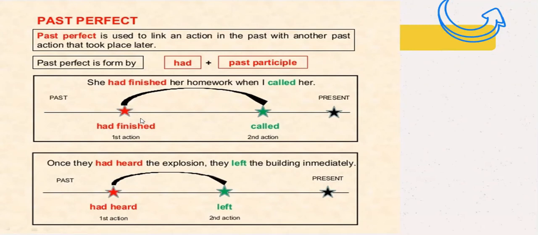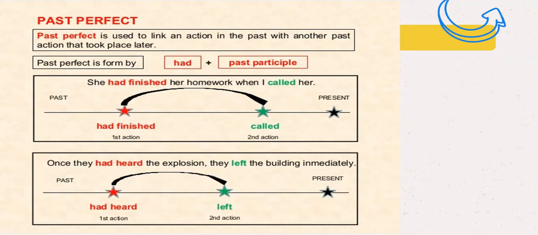For example, you have here this sentence. She had finished her homework when I called her. So the first action is that the girl finished her homework, and just after she finished her homework, her friend called her. Okay, so the homework is done. That was first, it is done.